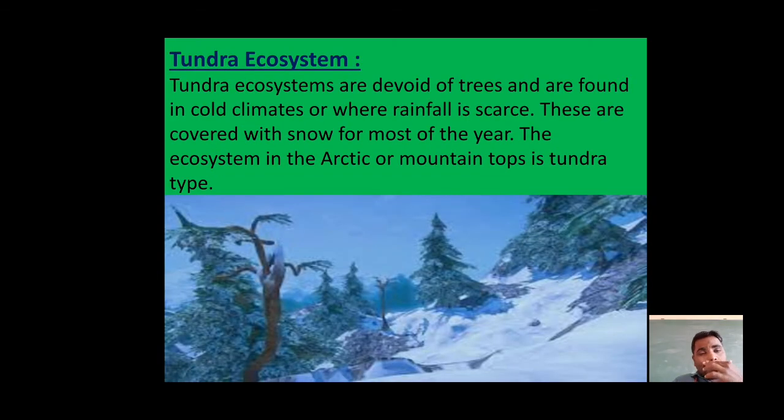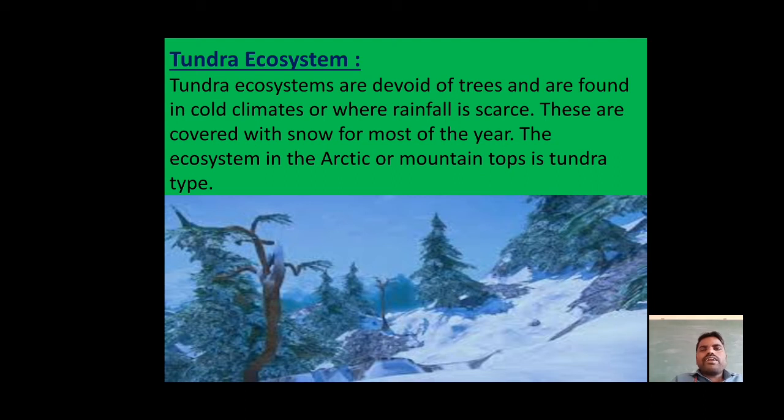Next one, the tundra ecosystem. This is seen in the Himalayan ranges. Tundra ecosystems are devoid of trees and are found in cold climates or where rainfall is scarce, meaning there is a low percentage of rain. These are covered with snow.